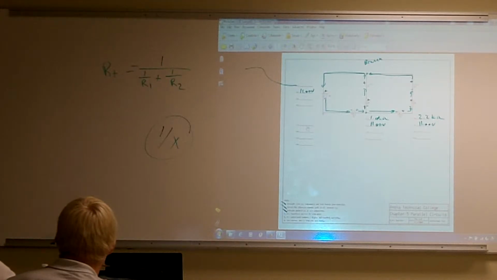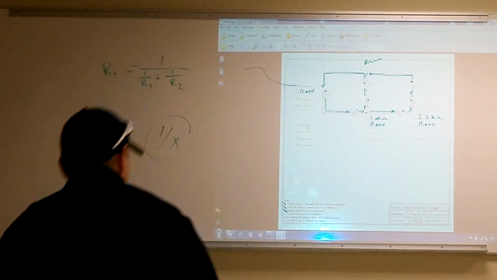It could be X negative 1, by the way. Oh yeah, here's yours right here, right above the E key.